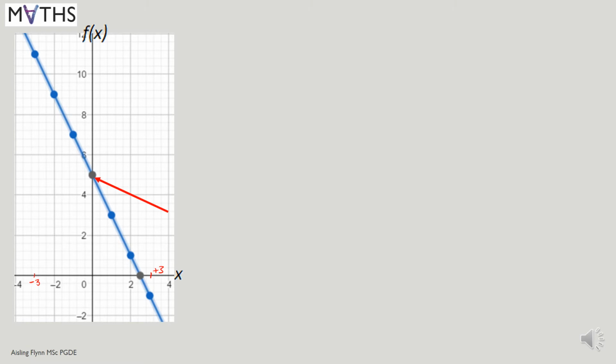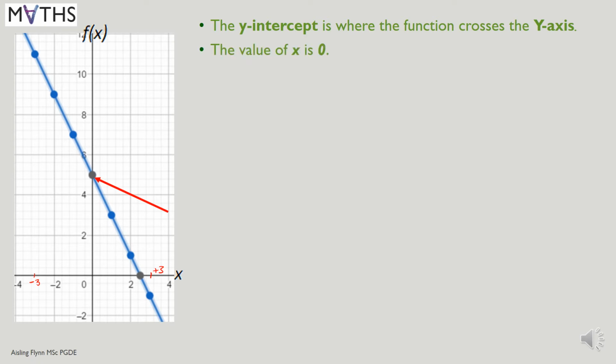So there's our y-intercept. Okay, so it's where the function crosses the y-axis, and at that point the value of x is 0. So if you look to the x-axis, that point is directly above 0.